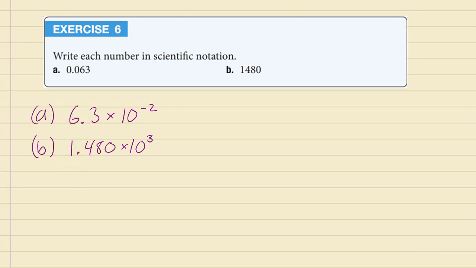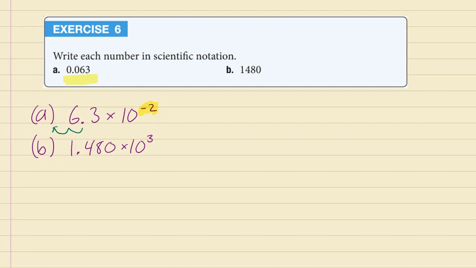And then how did I figure out what the exponents would be, the negative 2 and the 3? Well, I knew this was going to be a negative 2 because I want to take the 6.3 and make it smaller to get that 0.63 there. So I would have to move this to the left, getting a smaller number than 6.3. And the decimal needs to move 2 places over to the left to equal the original number.